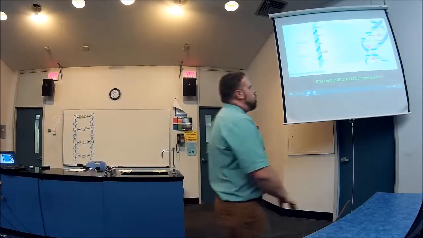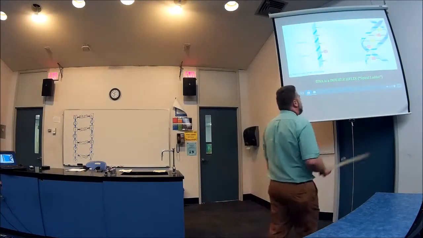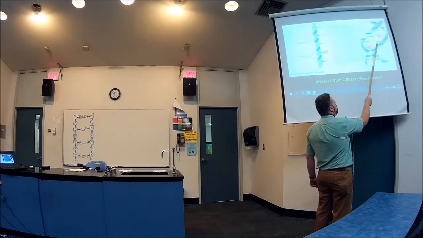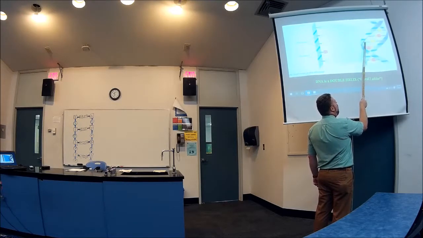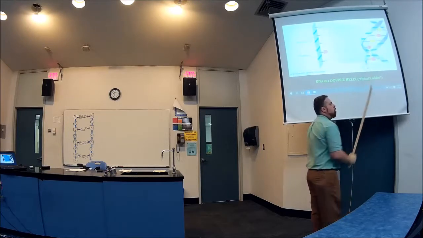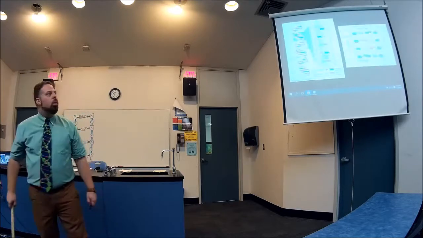So that's how it looks, right? I kind of drew it schematically up there, but it's twisted, and the G goes with the C, the T goes with the A. This is a covalent bond, these are covalent bonds, but in between the two bases, they're hydrogen bonds, easy to break.